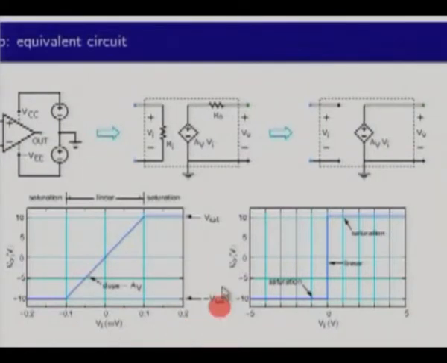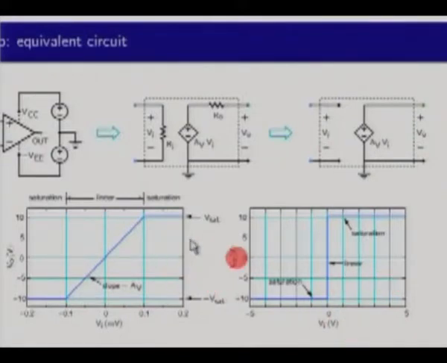If you look at this in a more normal scale, where this goes from minus 5 volts to 5 volts and the output goes from minus 10 volts to plus 10 volts, you see that this entire region, the so-called linear region, gets compressed into just a vertical line. This looks more like a comparator characteristic, and an op-amp indeed is a comparator in the open loop, and that's what it boils down to.